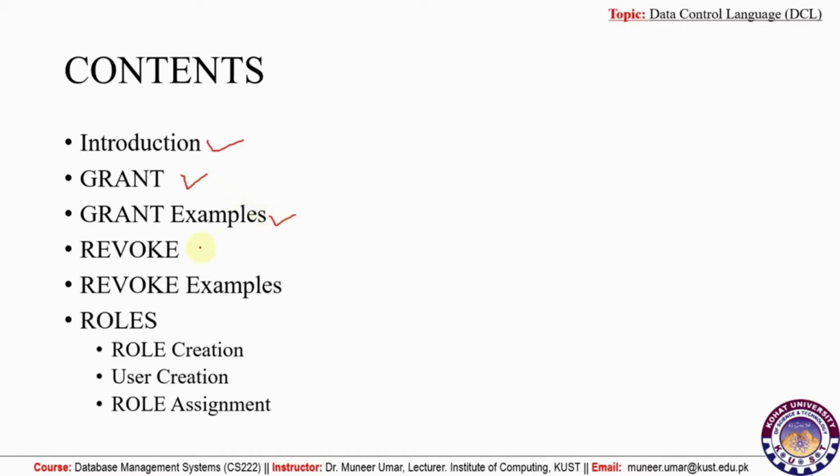Then how can we revoke the assigned privileges, some examples for revoke, and after that we will study about the roles. For roles, we will create some roles, we will create users for roles, and then we will assign roles to the users. During this lecture we will also practice some commands about DCL.